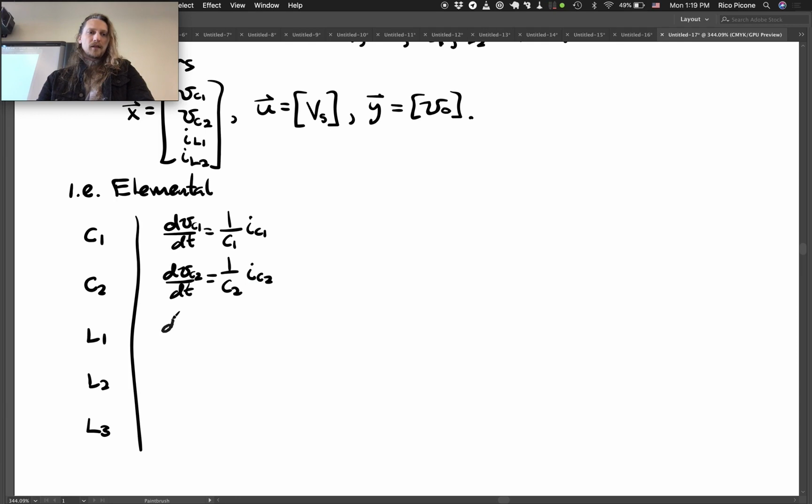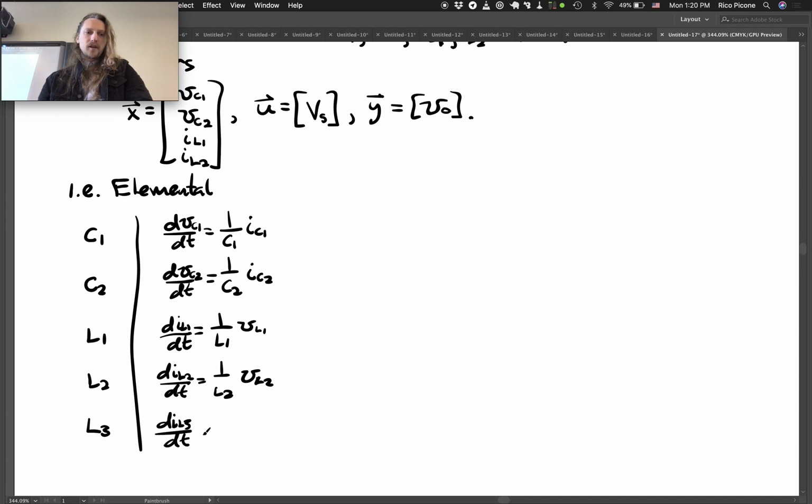We have dIL1/dt equals 1 over L1 times VL1. We have dIL2/dt equals 1 over L2 times VL2. And then we've got dIL3/dt equals 1 over L3 times VL3.